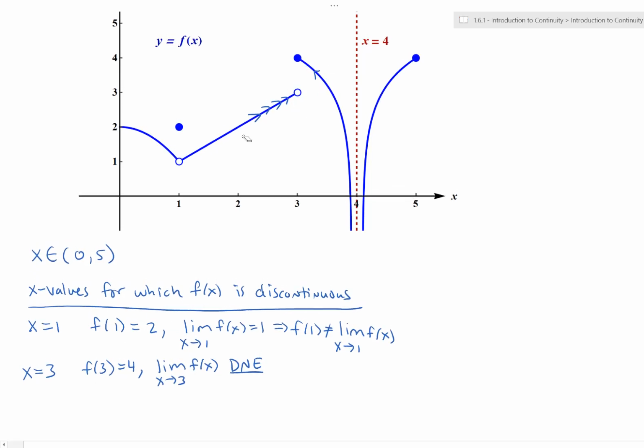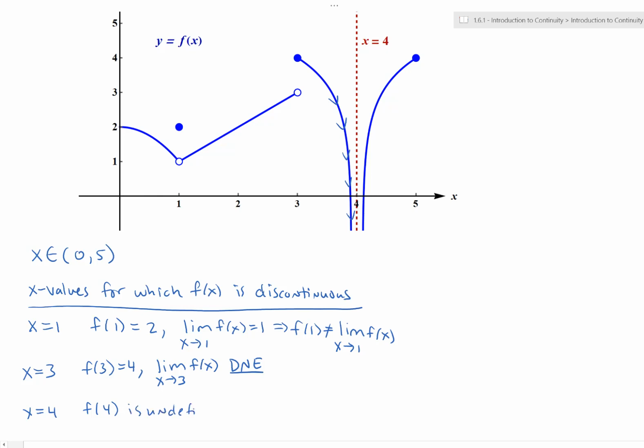Finally, keep moving along the graph. How am I going to get from here to here? There's the big old jump, right? There's our vertical asymptote at x is equal to 4. And in that case, at x is 4, we also have a discontinuity for a variety of reasons. One thing is that the value of the function at 4 is not even defined.